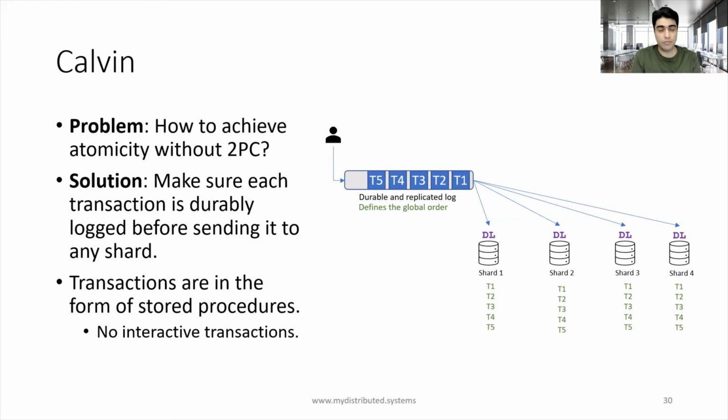We can submit logic, and in that logic we can say read something and based on that write something else, but the whole logic should be appended to this replicated log in a single shot. And we didn't have this limitation in Spanner, right? In Spanner, the client can execute the transaction logic on the client side, but in Calvin we cannot do that, and the client should submit its logic in a single shot.